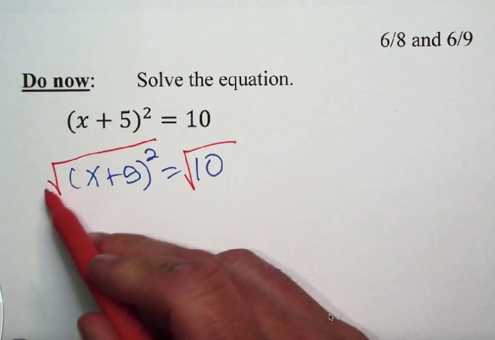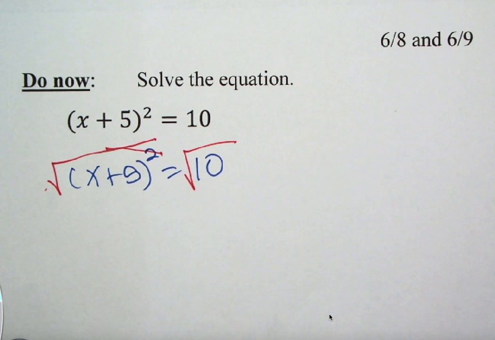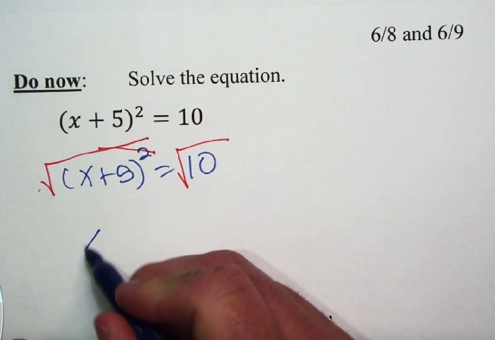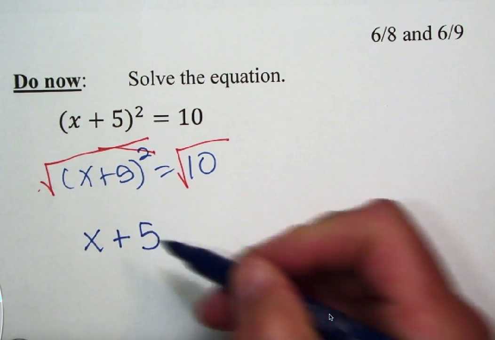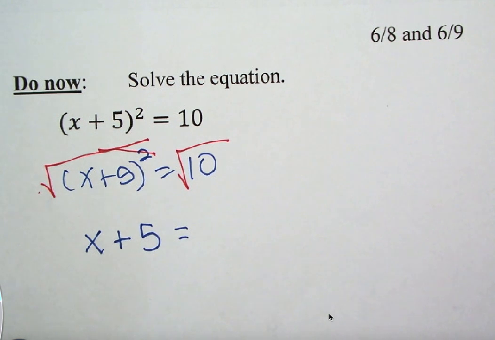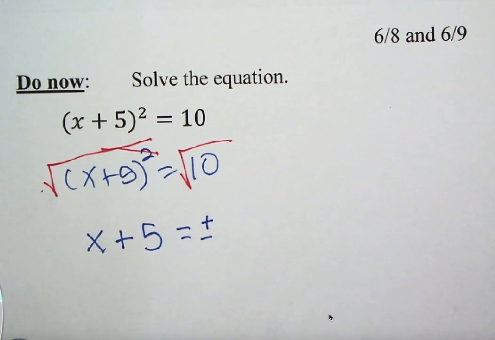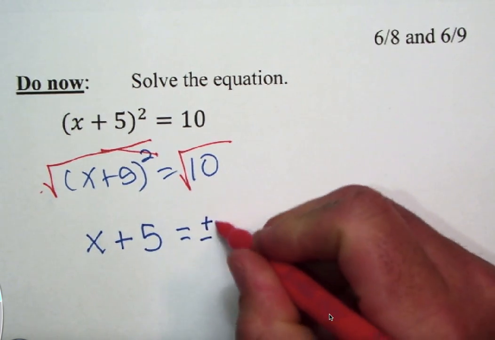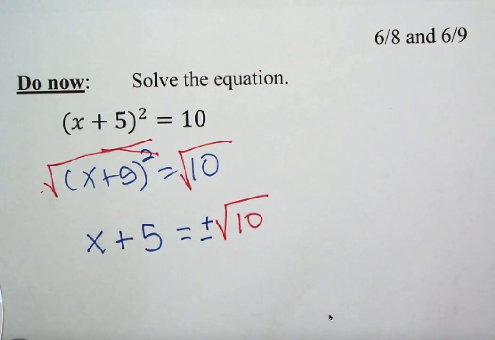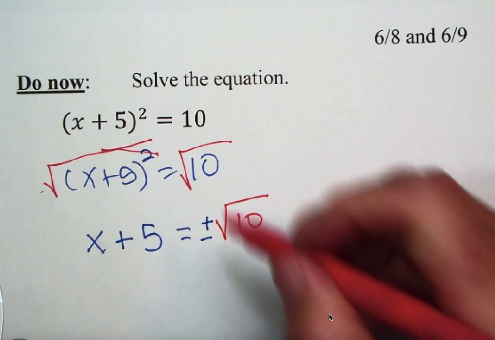The square root cancels out the square, so we get x plus 5 equals, and when we take the square root of both sides, we have to account for both a positive and negative answer. So plus or minus, we introduce that symbol, square root of 10. That's kind of like the new piece right here.